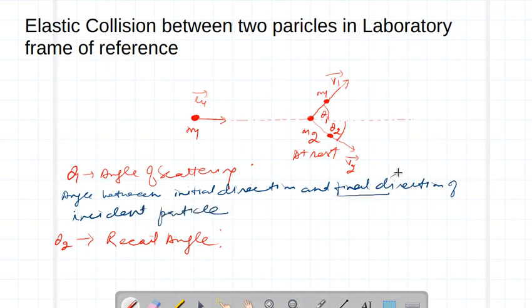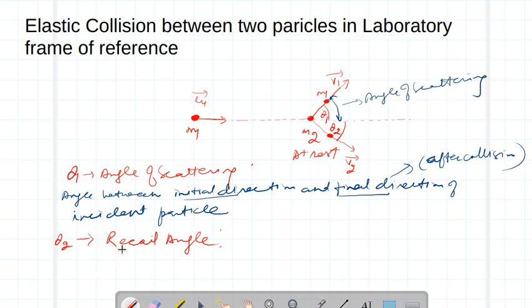And this final direction, we are talking about after collision, and this initial direction is before collision. So that means this particle is moving along this direction before collision, it is the initial direction, and when it collides with this particle, it starts moving along this direction. So this angle is known as angle of scattering.